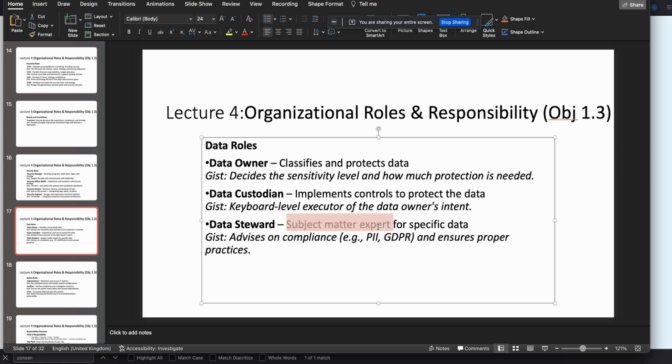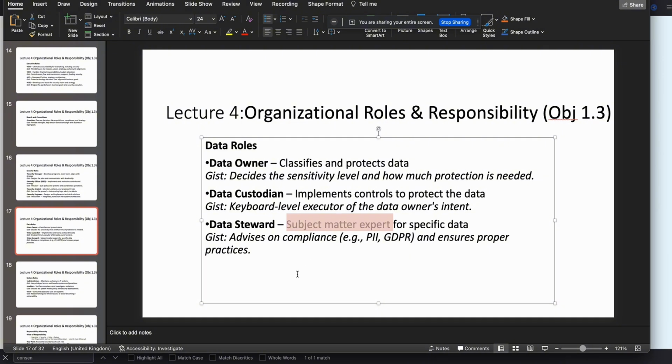But let me just give you an example here. They collect, they set the rules, they set the policy. Okay, based on this legal requirement, we are collecting this PII and this SPII. So now they have knowledge of GDPR, their expertise is subject matter specific to GDPR. Now based on that, they implement certain policies and they do whatever they are asked to do by the controller with the data.